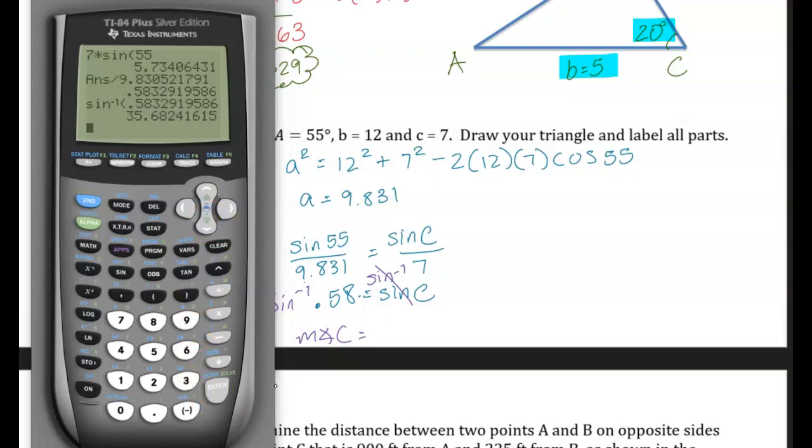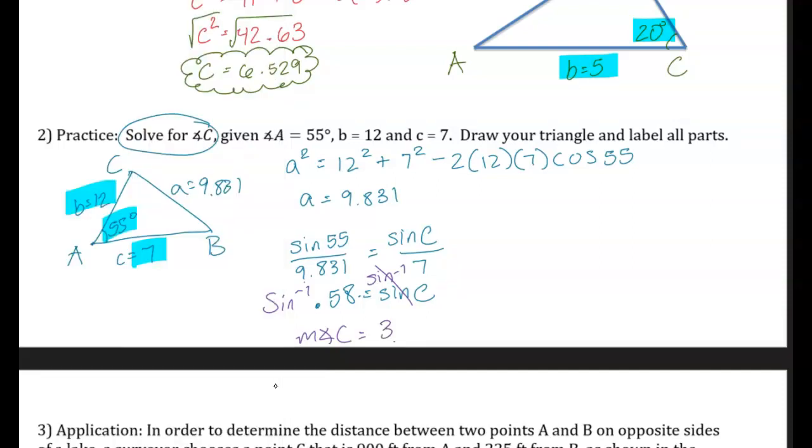Is that right? Huh, that's not what I have written. Oh, it's because I solved for B first. Okay, 35.68 degrees, and I'm done. Any questions?